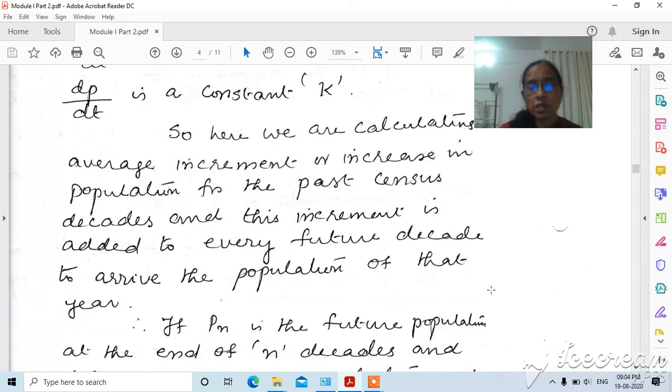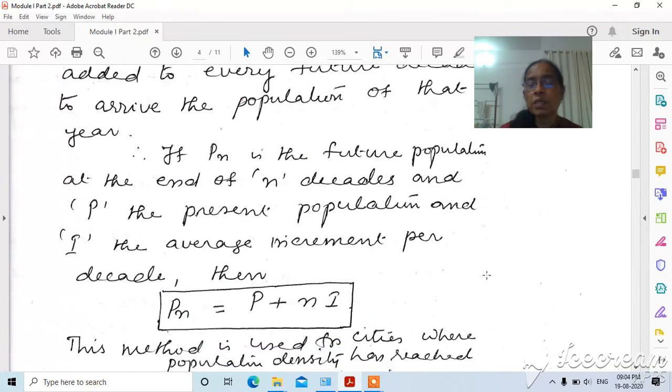The details are given in the notes. Then if it is so, how can you calculate the population in the next decade? If it is 100 here and dp by dt is a constant, say 10%, that means the next decade, this is 2020, in 2030 the population will be 110, is it?